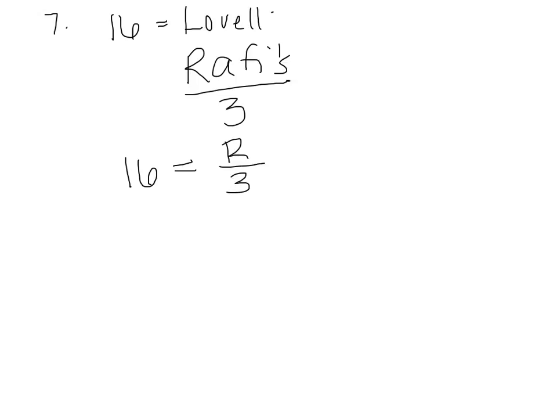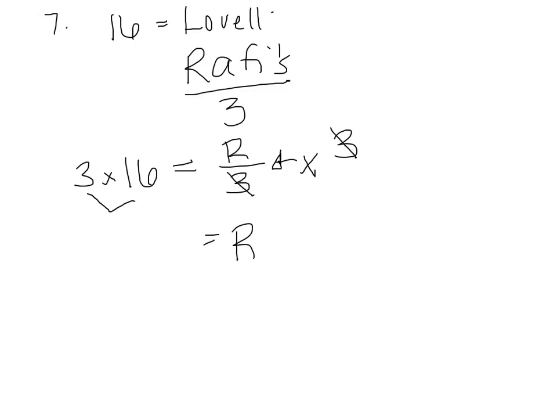So to solve for R, I need to do the opposite. Right now I'm dividing. So the opposite of dividing is multiplying. So I need to multiply both sides by 3. So these 3's would cross off. I'd be left with the R for Rafi.